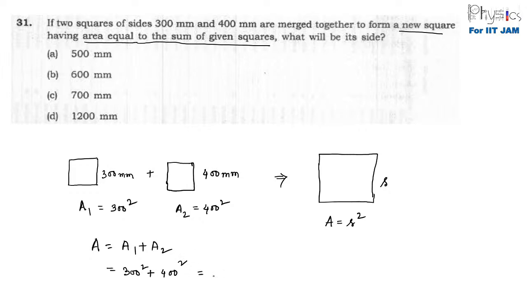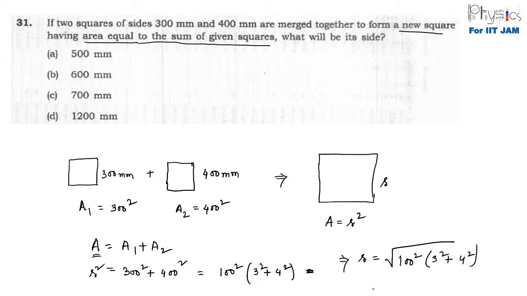That is equal to, taking 100 square common, 3 square plus 4 square, right? Now this A is equal to S square, so we have S equal root over 100 square multiplied by 3 square plus 4 square.